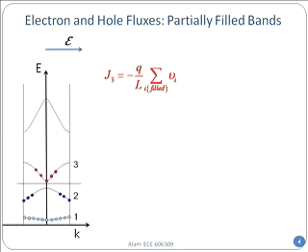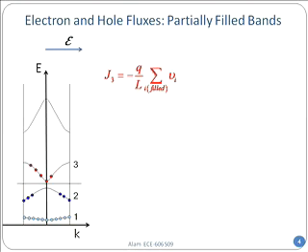Except that when you apply an electric field, what will happen? Let's focus on the red points. Because the electric field is in the positive direction, and the electron has a negative charge and a positive effective mass, in that case, electrons will be moving opposite to the direction of the electric field.